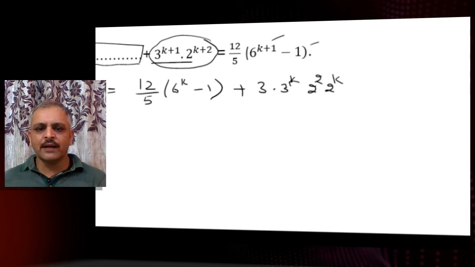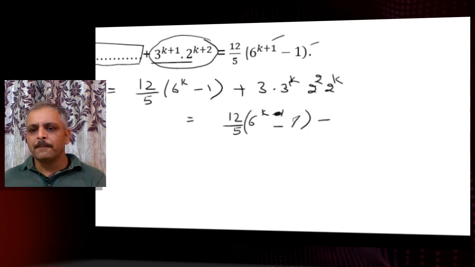So this extra 2 and this extra 1 I took out. So which is equal to 12 by 5 into (6 raised to power k minus 1) plus 2 to the 4, 4 into 3 is 12, 12 into 6 raised to power k.